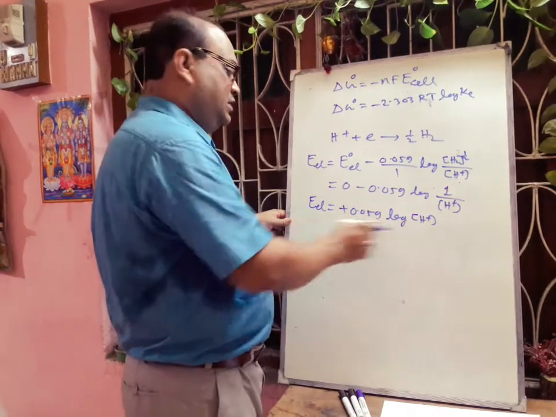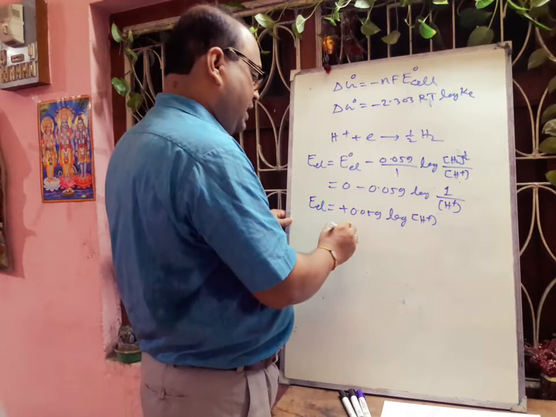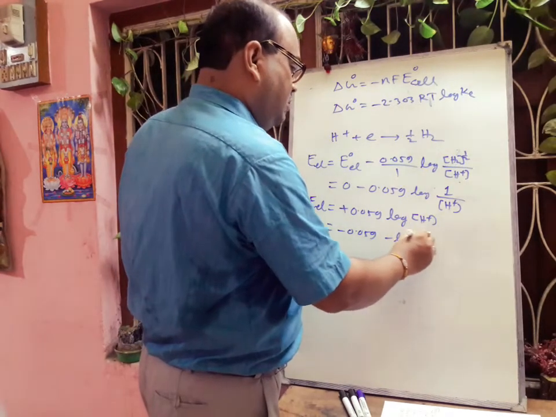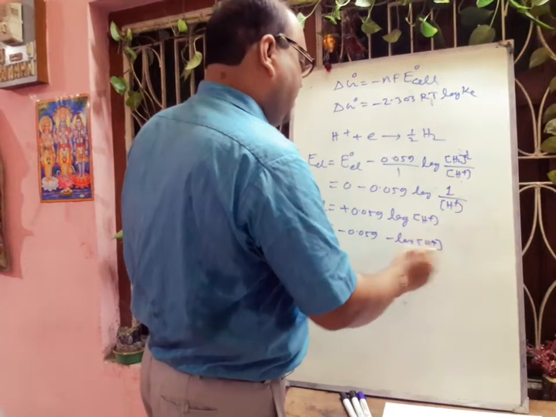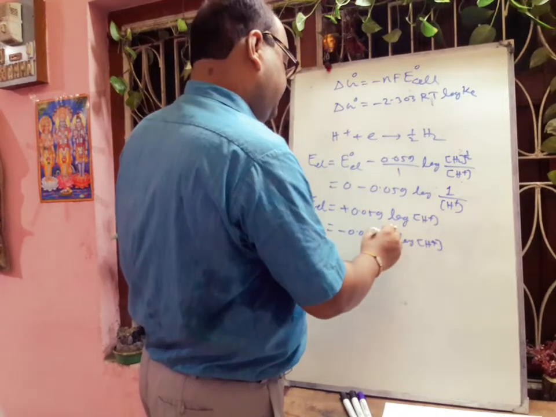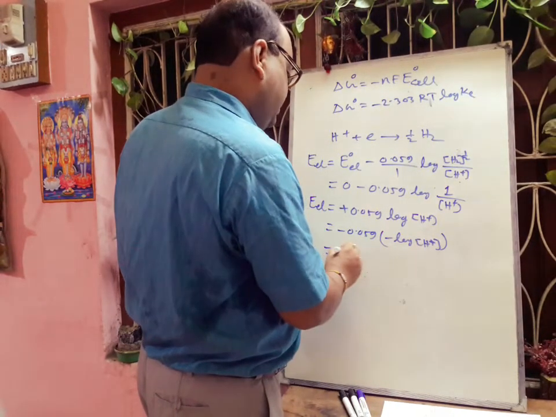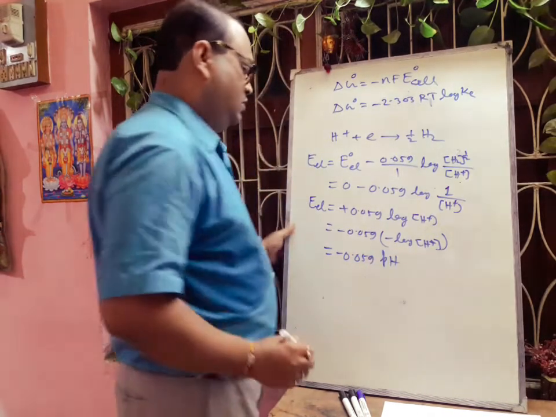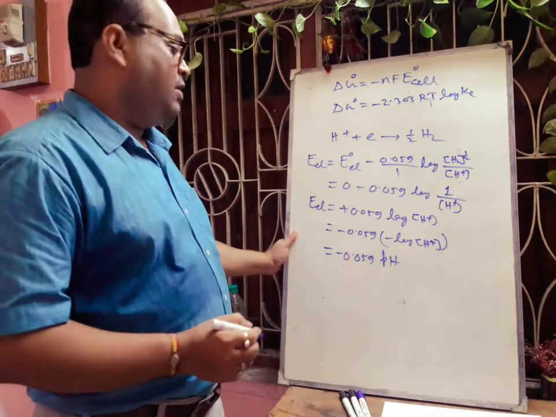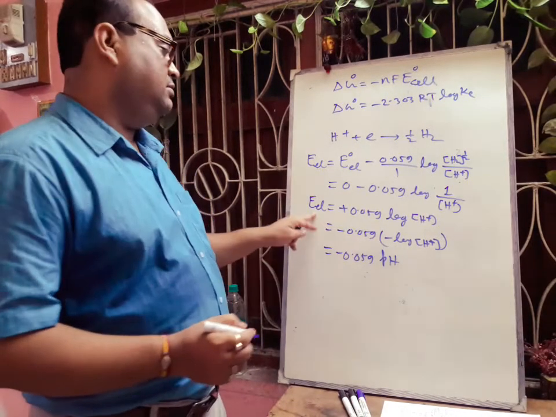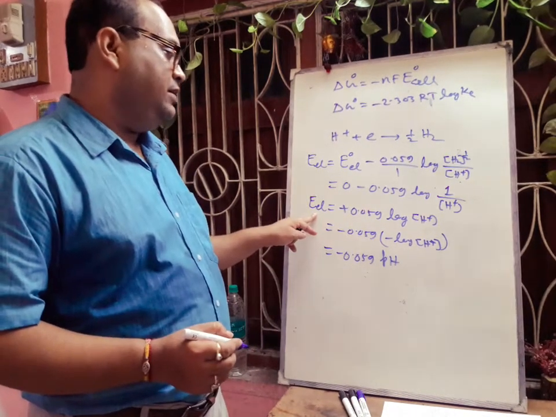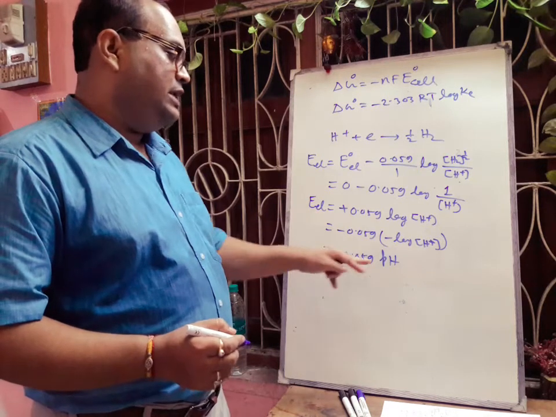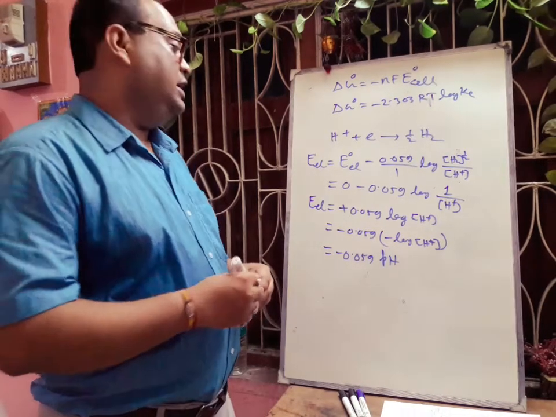Minus log H plus is equal to pH, so you have to write that minus sign here: 0.059 of minus log concentration of H plus, that is nothing but pH. So we can write 0.059 into pH. If we know the EMF of this half cell electrode potential value, then we can easily calculate the pH.